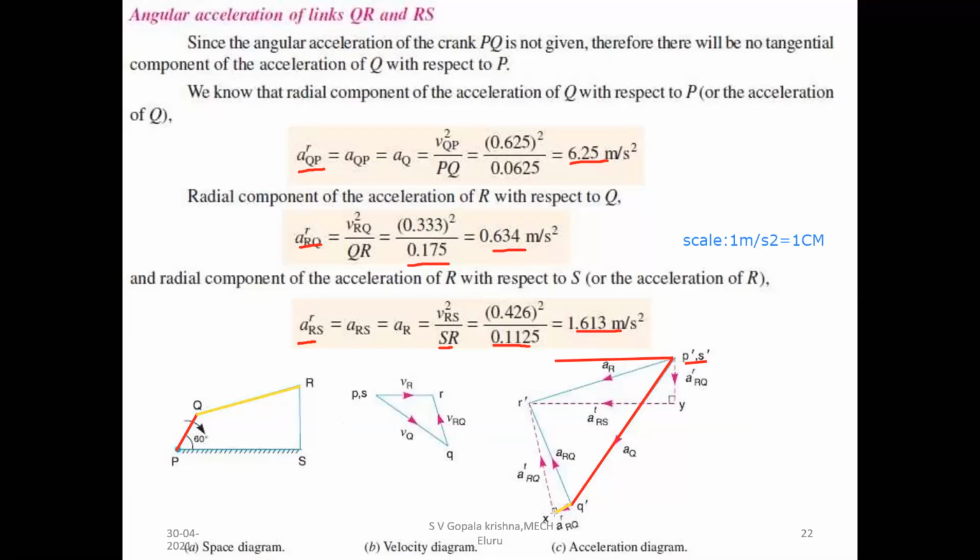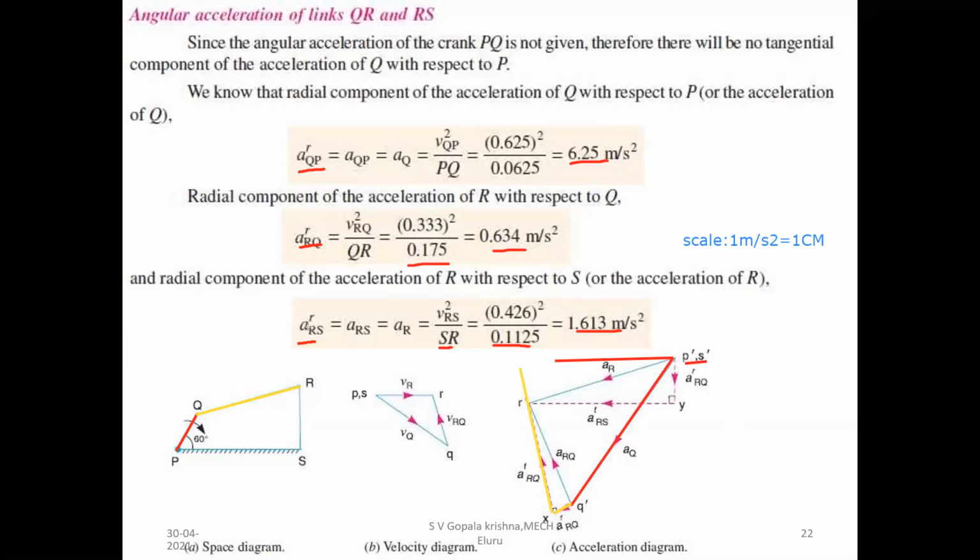So this is the 0.6 centimeter. Now the radial component is over, but it also has a tangential component. For getting the tangential, simply draw the perpendicular of this line.